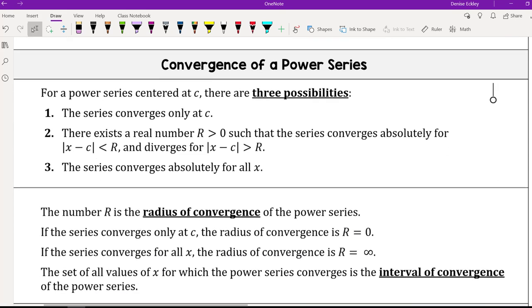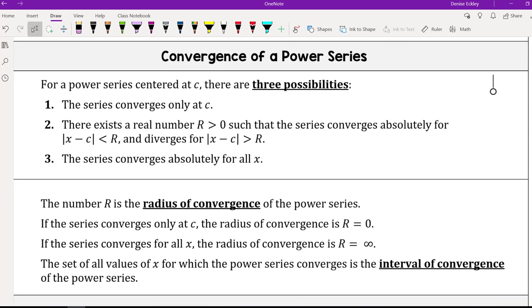So here is how we determine the convergence of a power series centered at c. There are three possibilities. It'll converge only at its center, only at c, or there exists a positive real number R such that the series converges absolutely for the absolute value of x minus c less than R, and diverges when the absolute value of x minus c is greater than R. And our third possibility is that the series converges absolutely for all x.